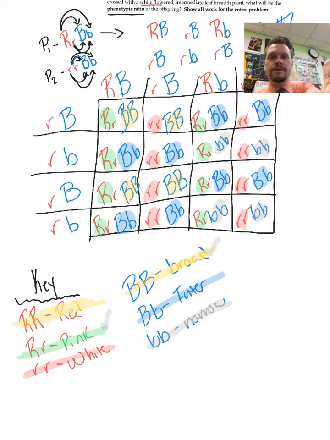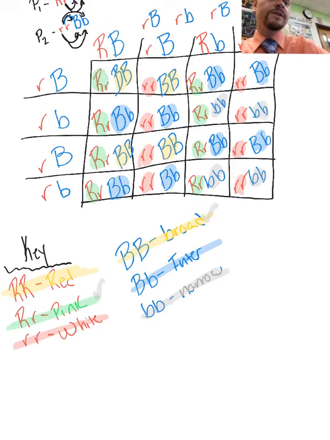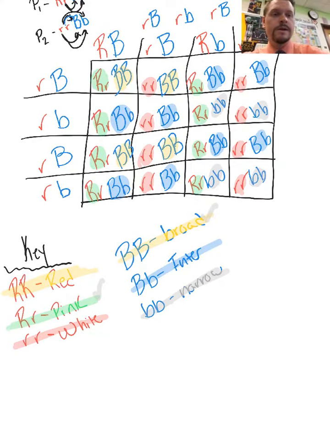And let me switch back over to black. So if we have our phenotypic ratio, sorry, you don't have to do the genotypic. Let me zoom in. So we can start with the first one right here, which is green and yellow. So that's pink, broad.